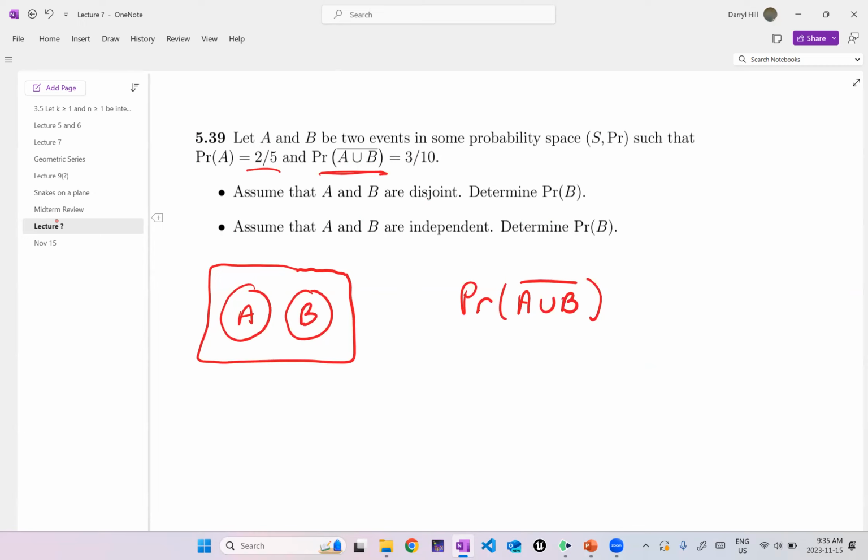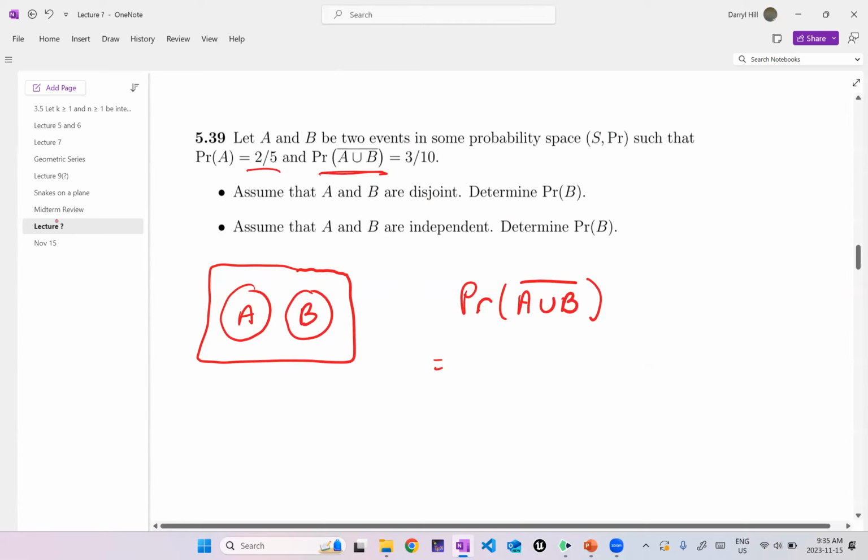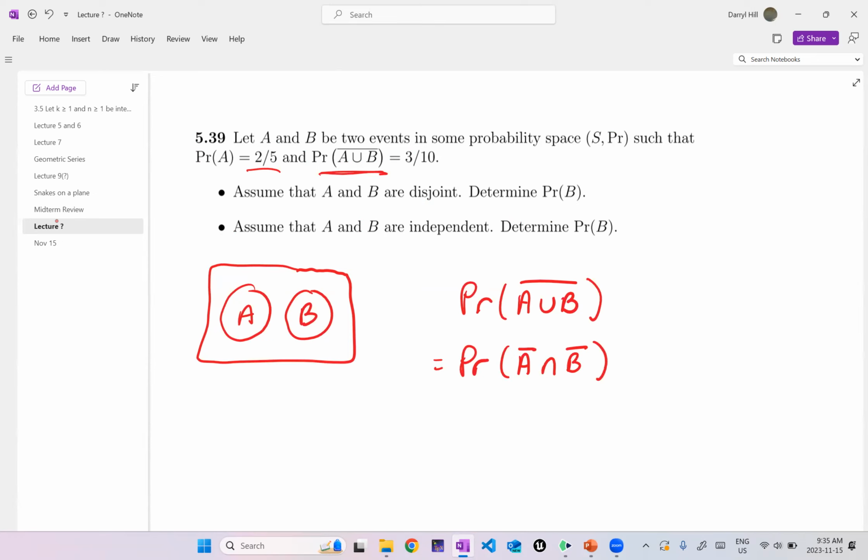If I use De Morgan's law, then I can say this is equal to the probability of A naught intersect B naught. Okay. So A naught intersect B naught is, if I look at my Venn diagram, what is that?